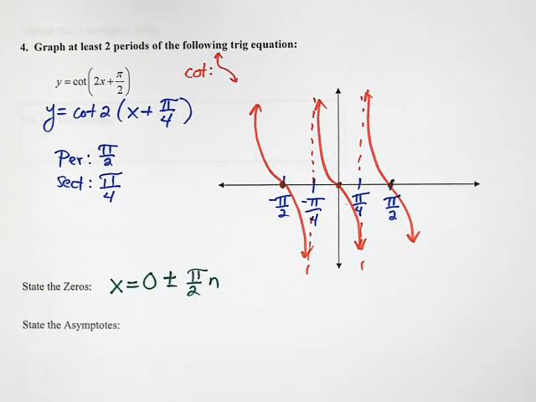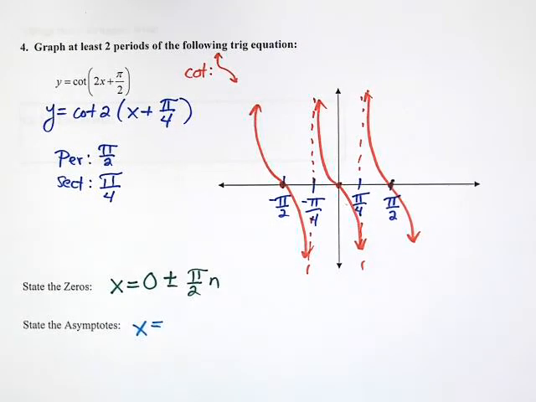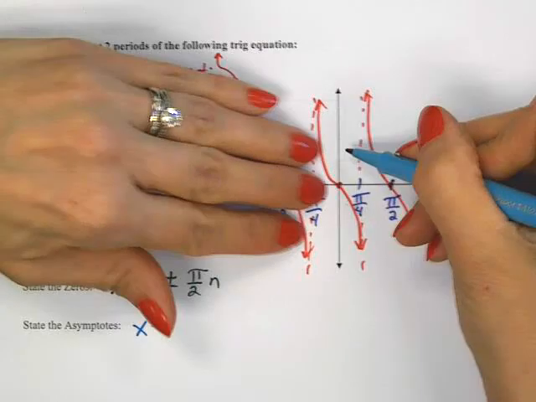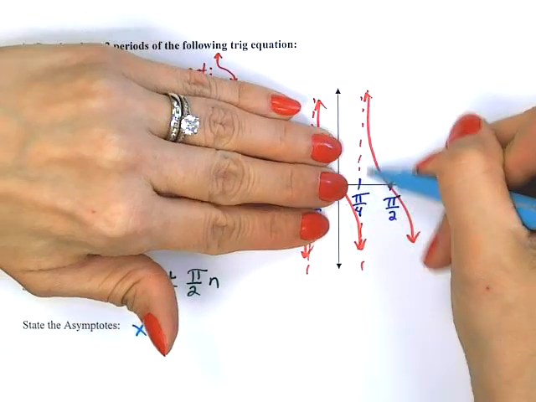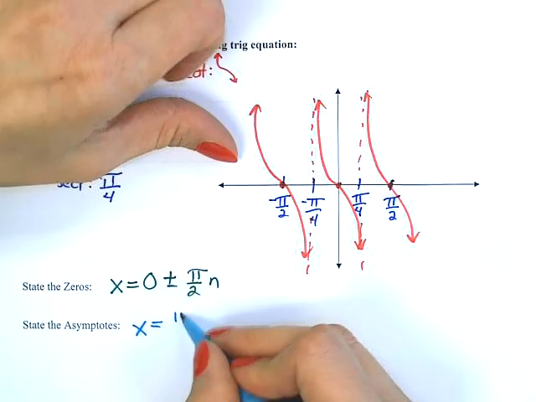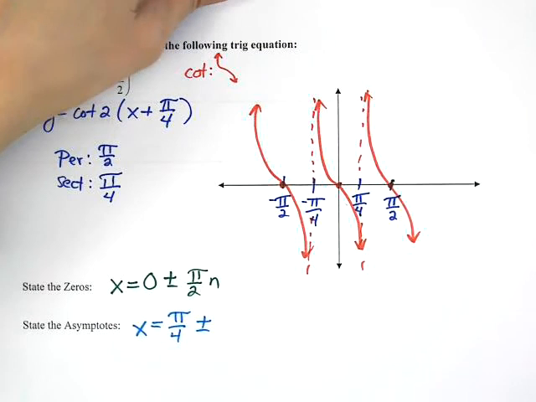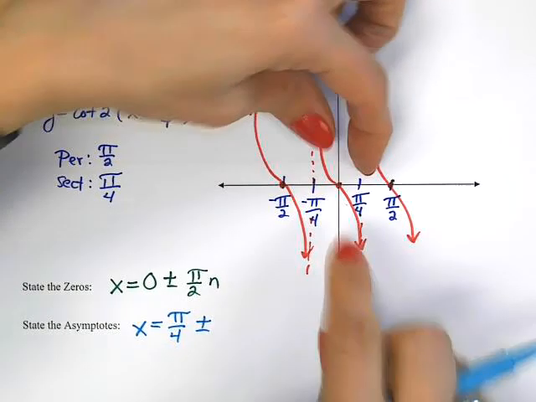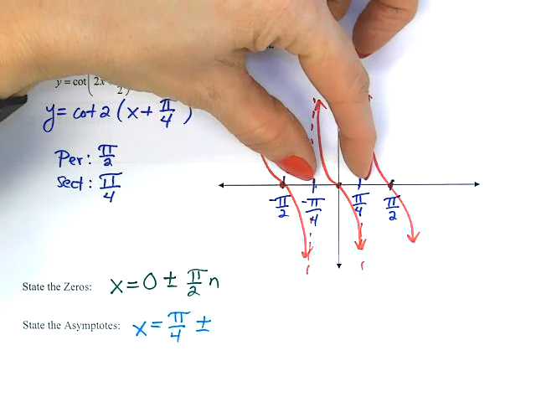Okay, how do you state asymptotes? Same process, x equals, let's go find the first one. Looking at the y-axis, no, and you always go to the right. So the first positive asymptote's right here at pi over 4. Pi over 4 plus or minus the distance from this asymptote to another one, which is 2 sections later.